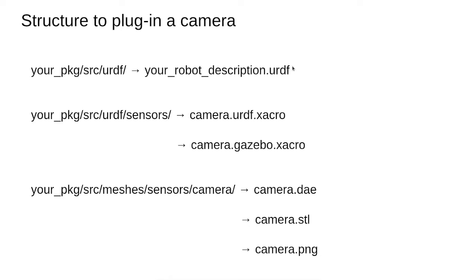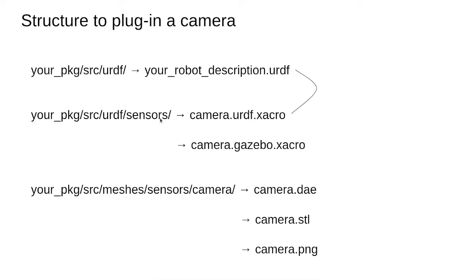If you remember, in your URDF file you have to include all the xacro files and the models in order to simplify as much as possible the model of your robot. So this URDF file will contain another xacro file that describes the camera, in particular the Kinect RGBD camera, and I suggest you give more structure by putting it into another folder belonging to the URDF files and calling it sensors.